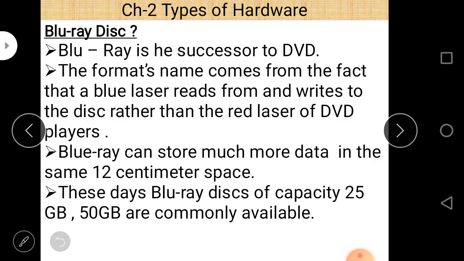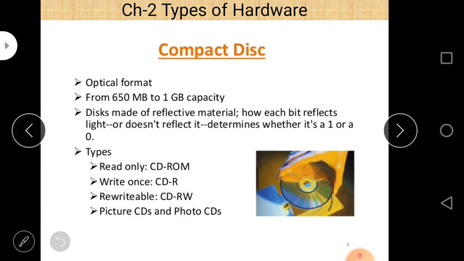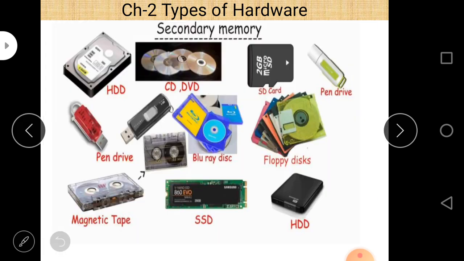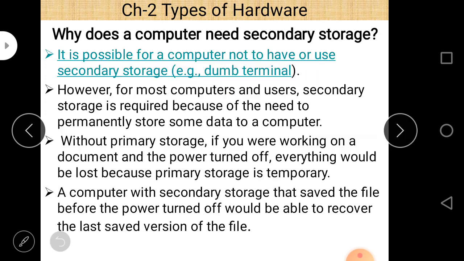Let us take a quick revision of all these topics. First of all, secondary storage devices. Secondary storage devices are basically non-volatile storage, where data is stored permanently. They are used because primary memory is incapable of storing data permanently.